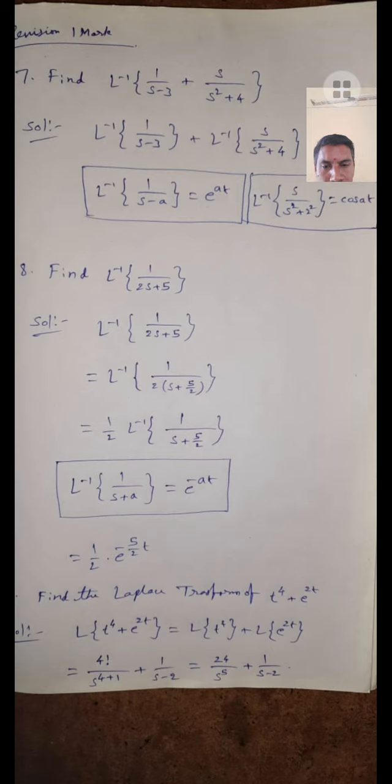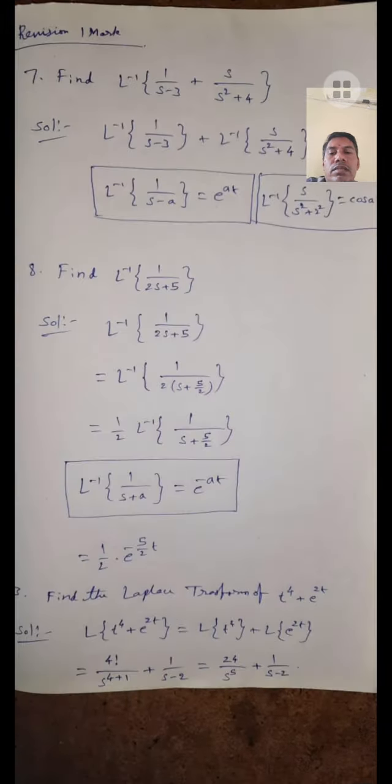So 1 by s plus a means e power minus at. Inverse Laplace transformation of 1 by s plus a equals e power minus at. Here a means 5 by 2, so e power minus 5 by 2 t. The 1 by 2 as it is we have to write outside.